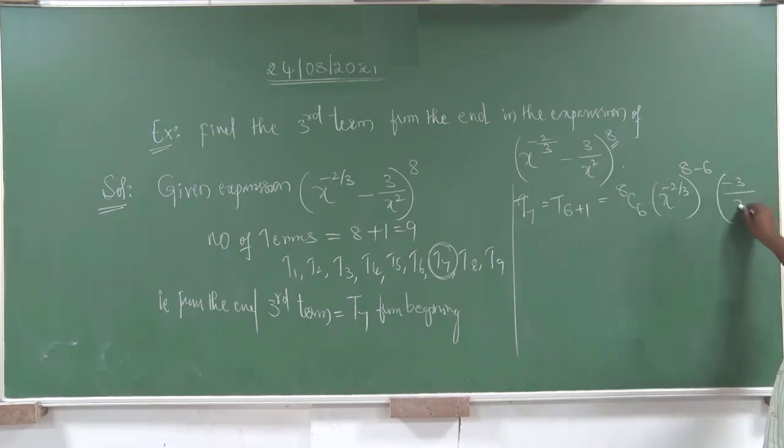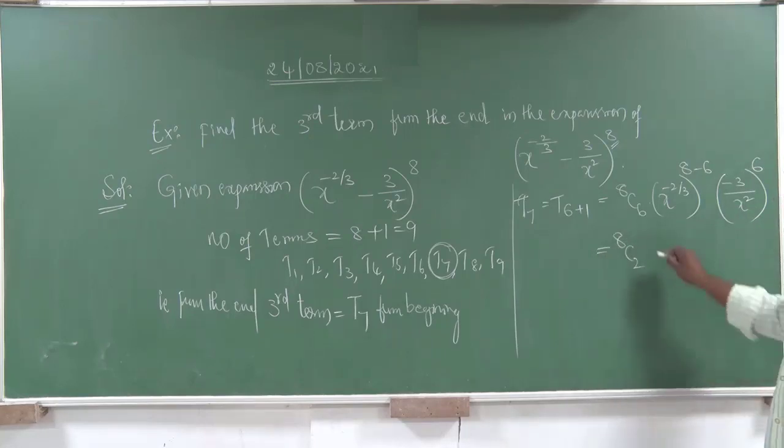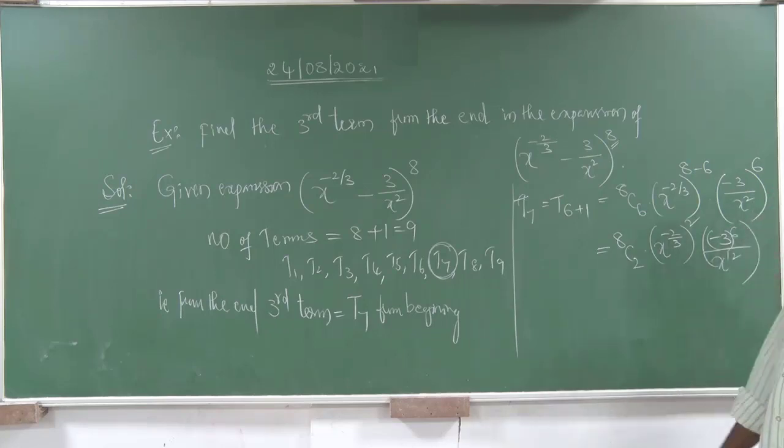(Minus 3 by x square) whole power r, that is 6. Then 8C6 means nothing but 8C2 into, what about this total value? (x power minus 2 by 3) here the value, square you will get, into minus 3 power 6 by x power 12 you will get. Simplify, you will get the answer.